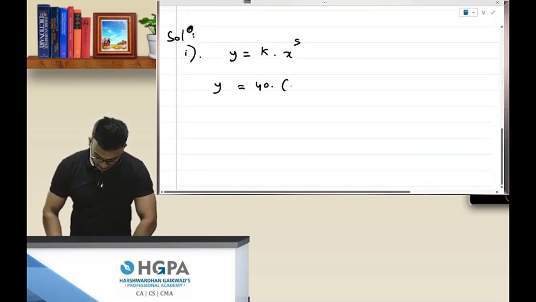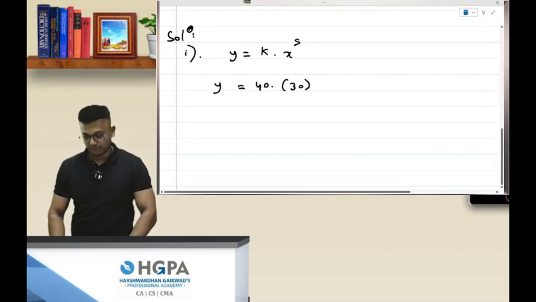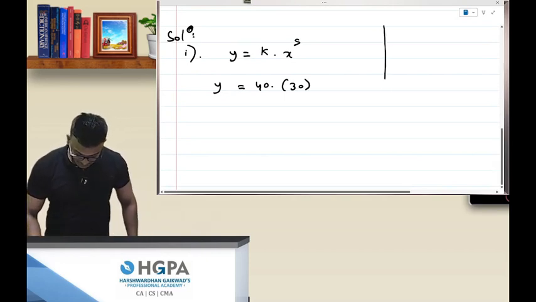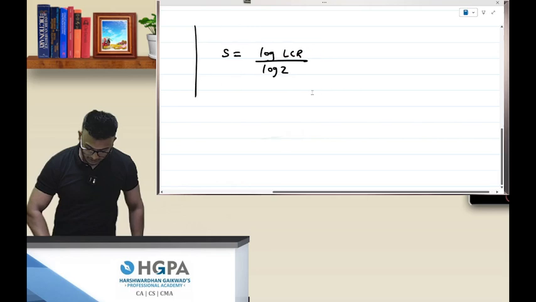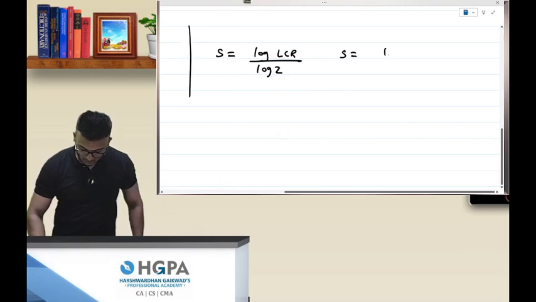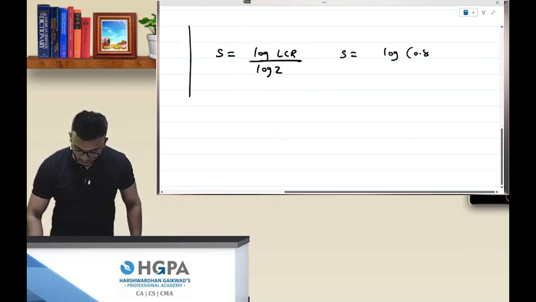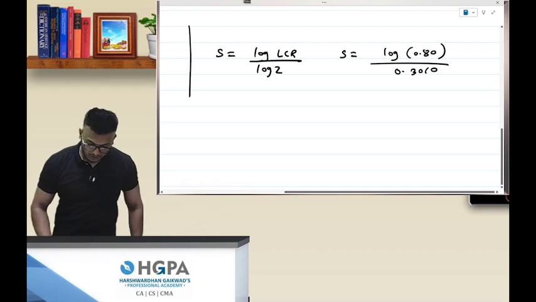X is how much? We're doing it for 30, right? And then we'll do it for 50. S, we need to find out S. That's the coefficient, the learning index. S is equal to log LCR upon log 2, which always remains the same. S is equal to log 0.80 upon 0.3010. We need to go and find out this. Chalo.